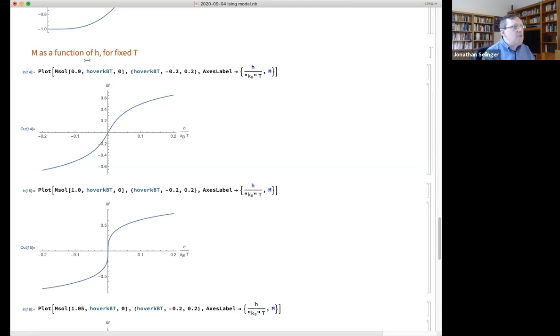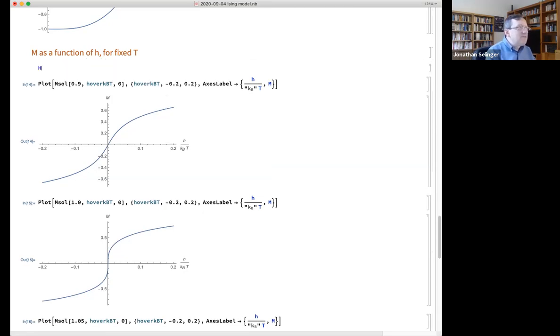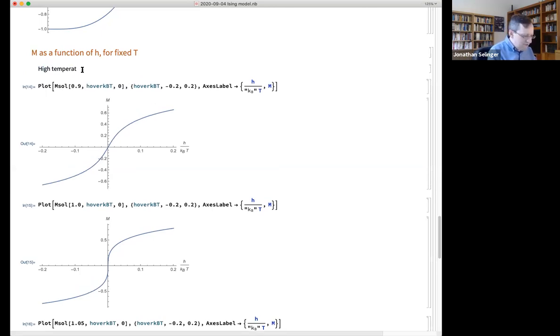Here, I'll write that. Temperature, that is T greater than T_C. So here, you can see the magnetic order parameter is increasing pretty smoothly as a function of field.